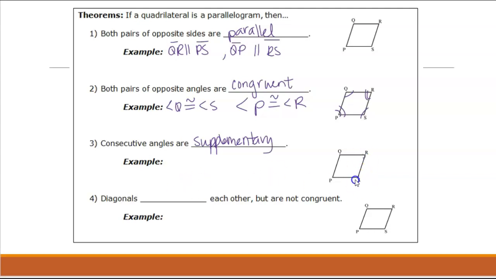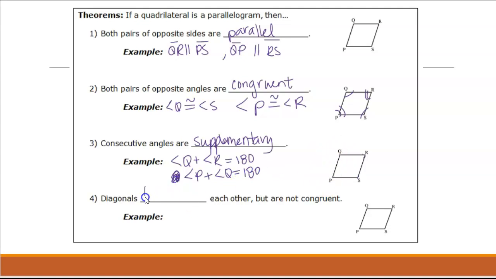But angles in this shape are either across from each other, right? Or next to each other. So we could say angle Q plus angle R is 180. That's just one example. We could do angle P plus angle Q is 180. That's another pair of consecutive or supplementary angles.